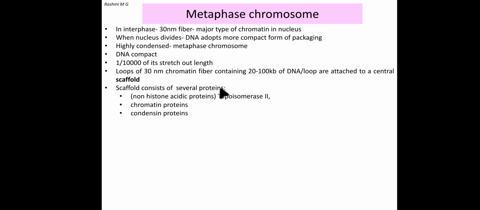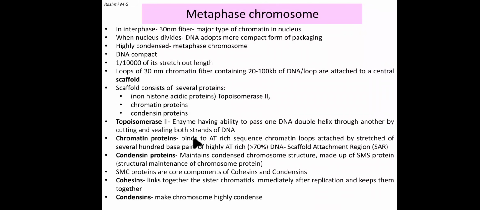See, the scaffold consists of several proteins, that is topoisomerase 2, which is a non-histone acidic protein, chromatin proteins and condensation proteins. Topoisomerase 2 has the ability to pass one DNA double helix through another by cutting and sealing both strands of DNA.